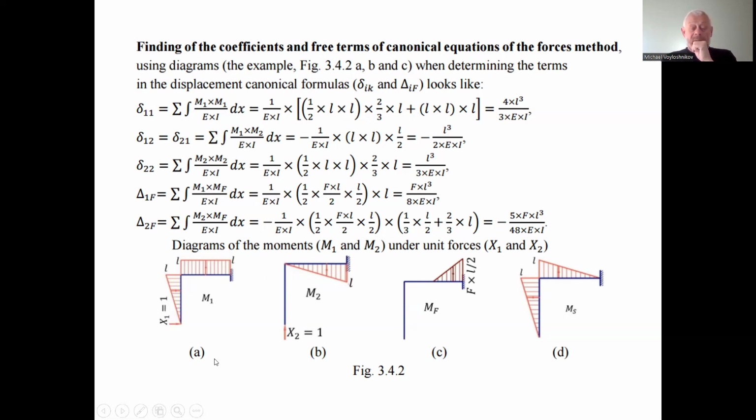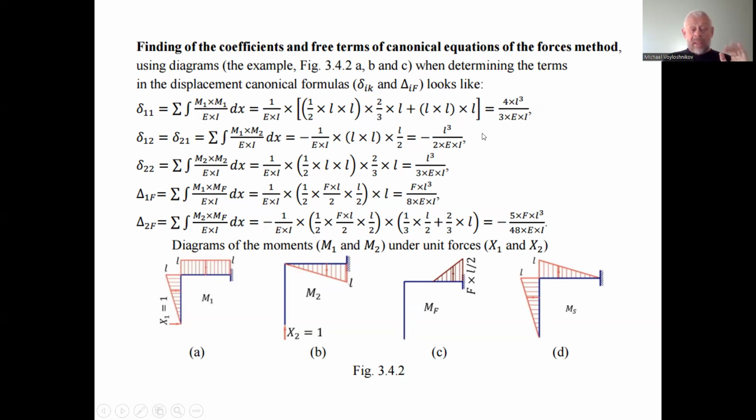This is the area of this diagram, and as the diagram is evenly distributed for this leg, this is the ordinate under the center of the area of the diagram. We got first the area of the diagram and the location of its center of area, in accordance with Vereshchagin's rule.